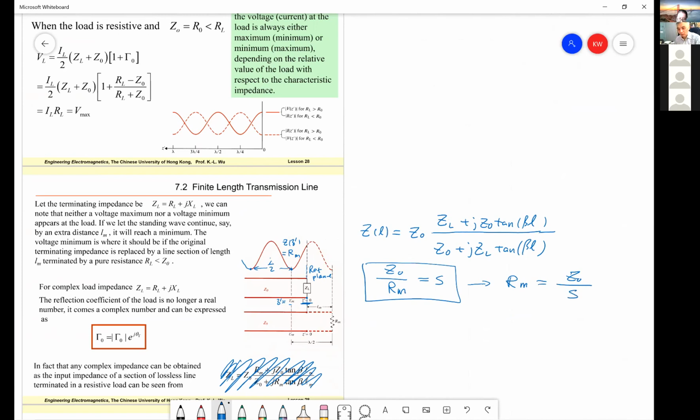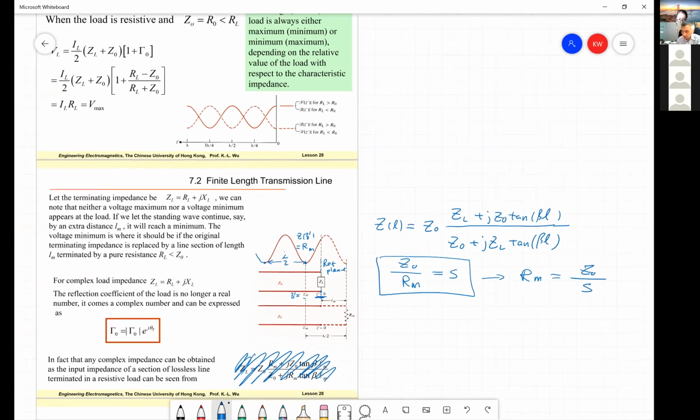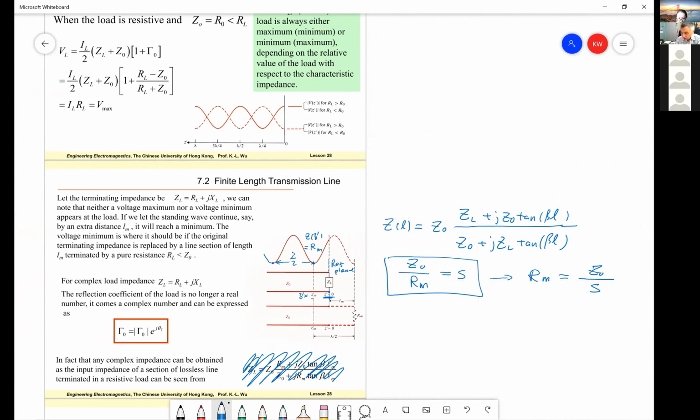And most of the time, the characteristic impedance is given, right? So I know this. And also at this point is also Rm, right? But at this point, it doesn't have it. But then I go to the other side. I think this pattern repeats, because it is the same periodic function, right?